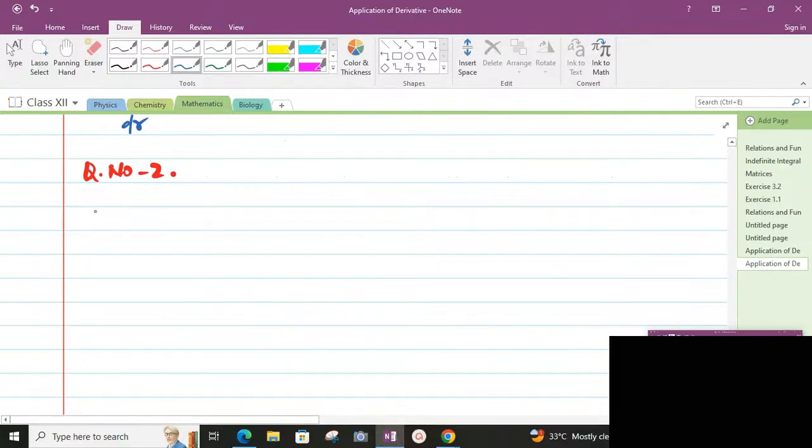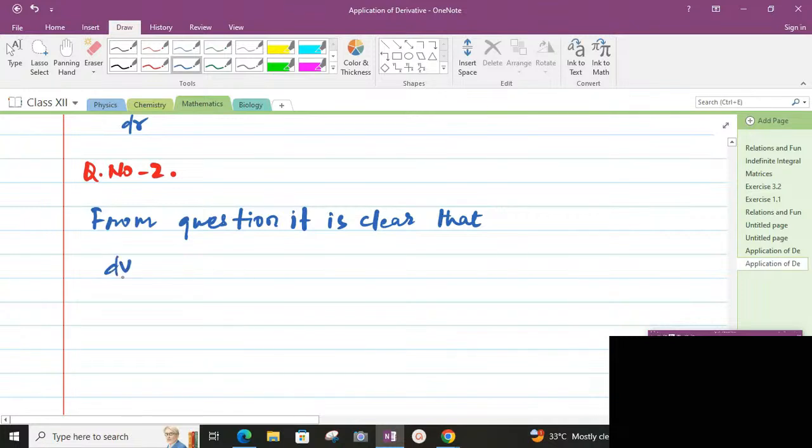From the question, it is clear that dV by dt equal to 8 cube centimeter per second, L equal to 12 centimeter, and it asks us dA by dt equal to what.